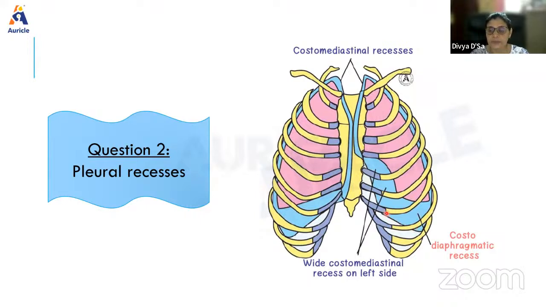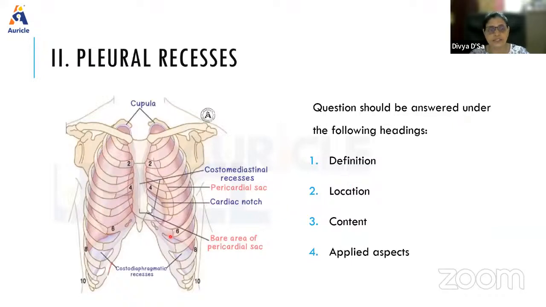So this expanded space between the visceral pleura and the parietal pleura, we call the pleural recess. So that is the definition of the pleural recess.